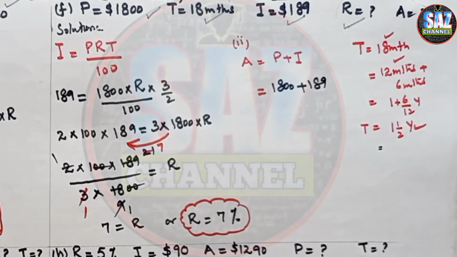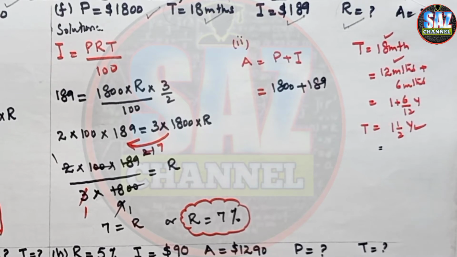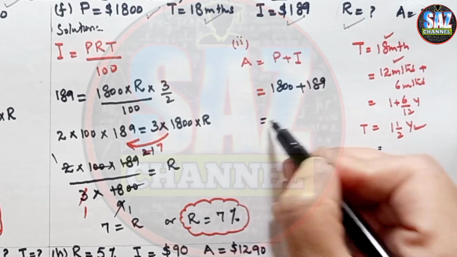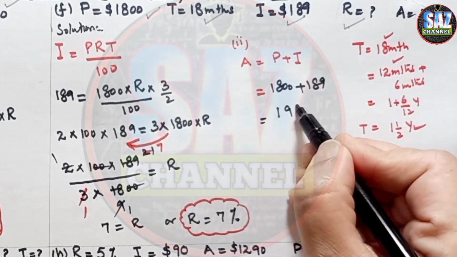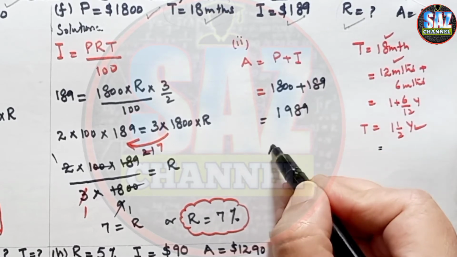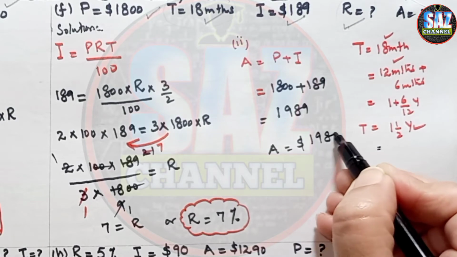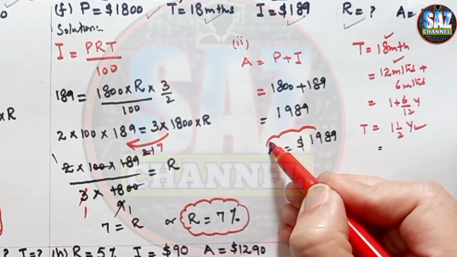When I add 1800 to 189, my answer comes to 1989. So the amount in this question is $1989. I hope you are clear about this question, and let's quickly move to the next question.